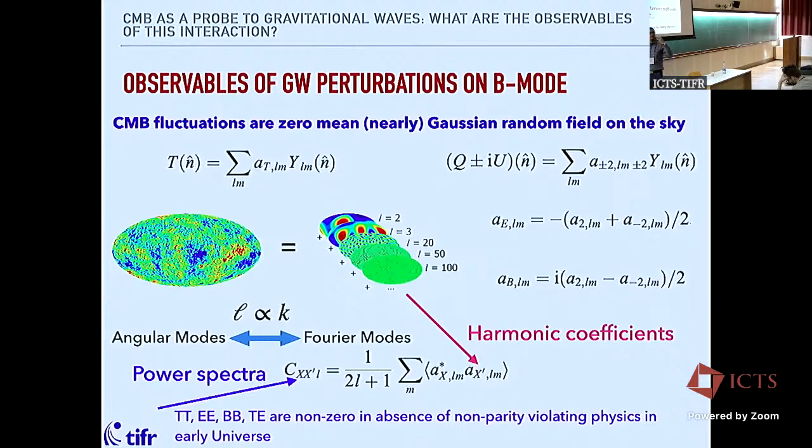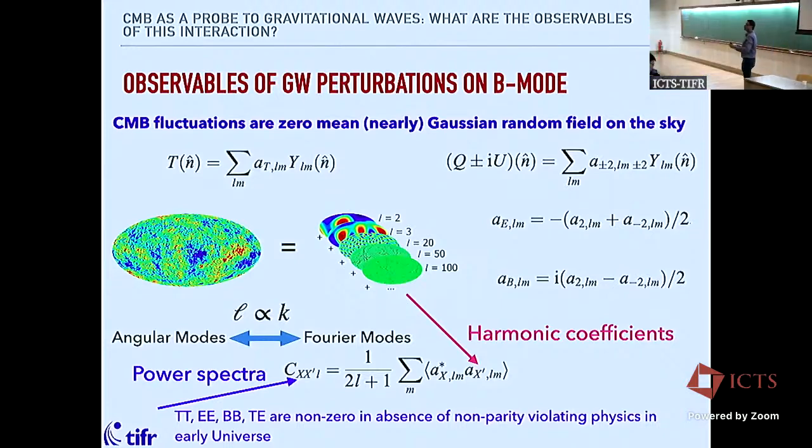One of the most important summary statistics for a Gaussian random field on the sky is the angular power spectrum. Like any other power spectrum, it is always the power in the coefficients for that particular mode, famously written in terms of C_L. Depending upon what you are combining, X or X prime, this gets the corresponding notations. Very easy to understand.